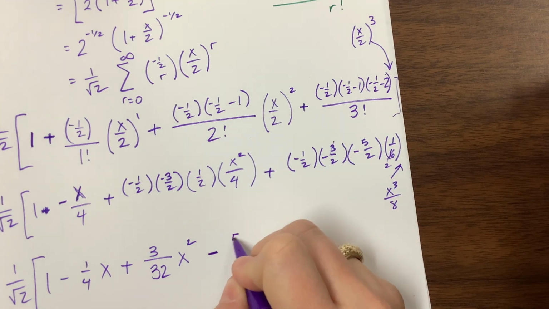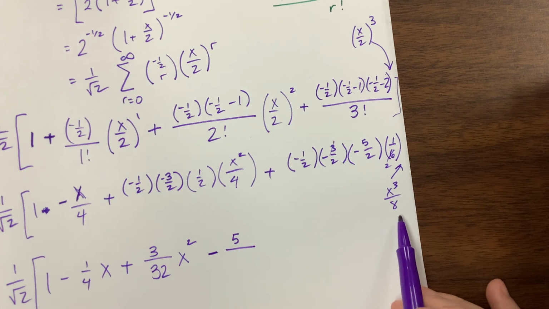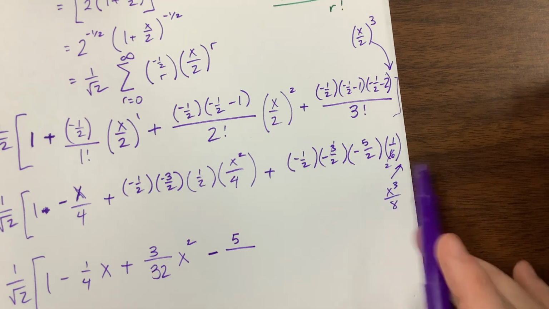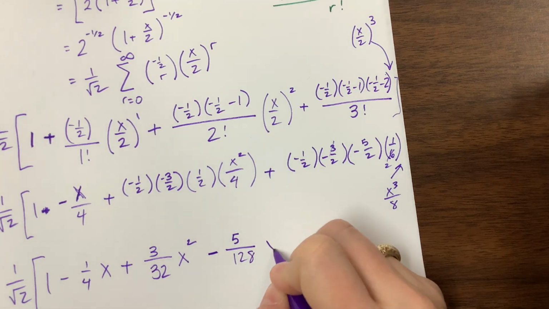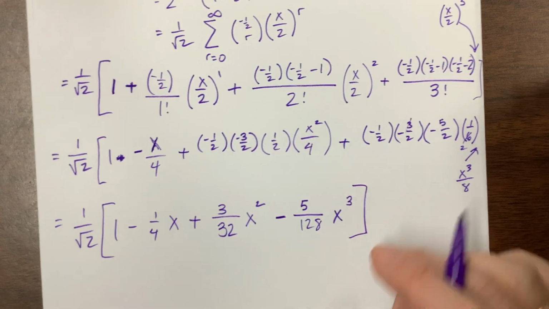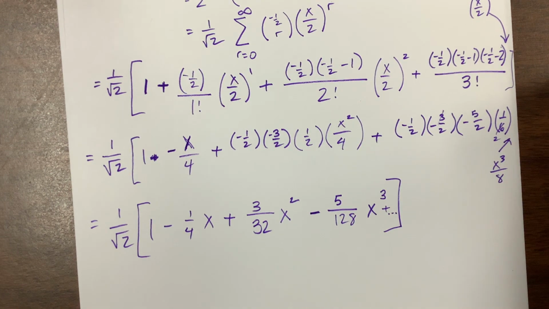So I have a negative 5 in the numerator. 2 times 2 times 2 times 2 times 8. Well, 2 times 2 times 2 is 8 times 8 is 64 times 2 is 128. And this has an x cubed that you couldn't see because I ran out of space. I'm so sorry. So when they said write out the first 4 terms, this is what we end up getting. And I checked my work as I was going, so that's correct.